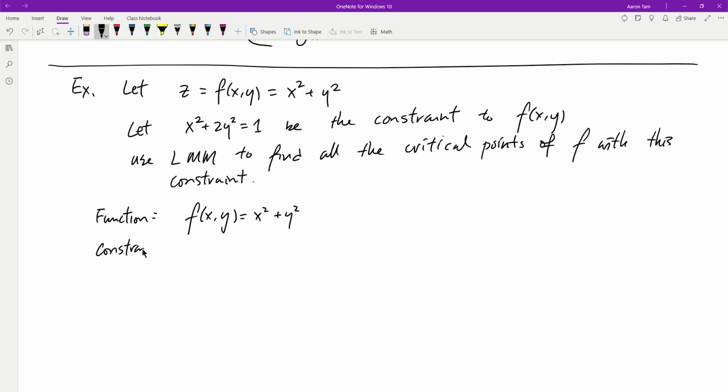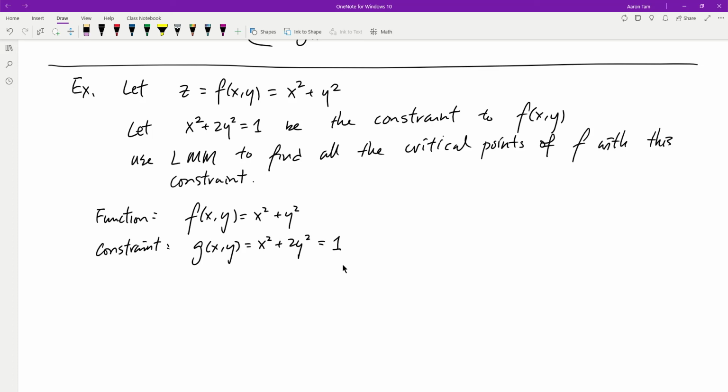This is our constraint, written as g of x y, which is equal to x squared plus 2y squared, and that constraint is always equal to 1. Notice the equal to 1 part. That's how you identify that you have a constraint, because it has a fixed output. Remember, all the constraints are literally level sets.